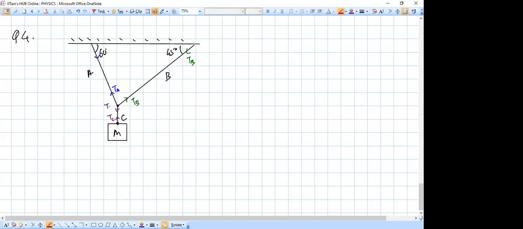The free body diagram, straight away understand that the weight is 150 Newton.